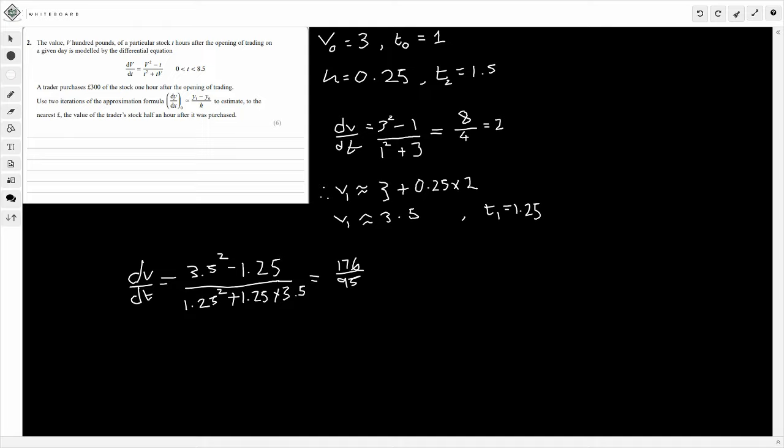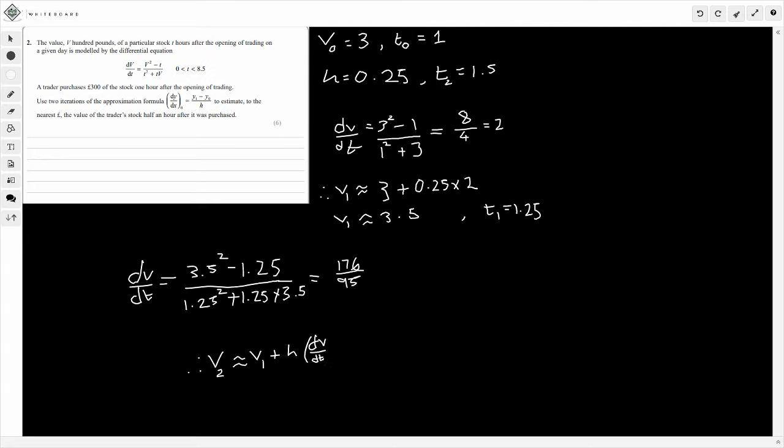And now finally, we just need to do this again with V2. V2 is going to be approximately, remember, this formula is just a rearrangement of this. So it's going to be times by h, and then we add the original v0 here. This now technically is v2 and v1 for us. So v2 is equal to v1 plus h times dv by dt at 1.